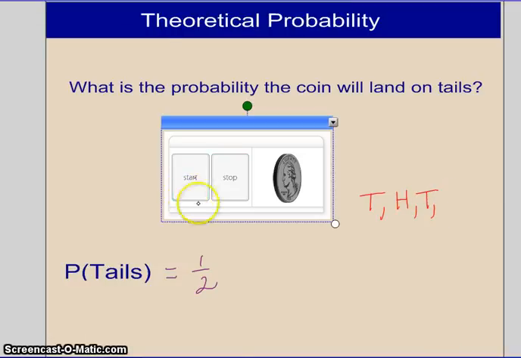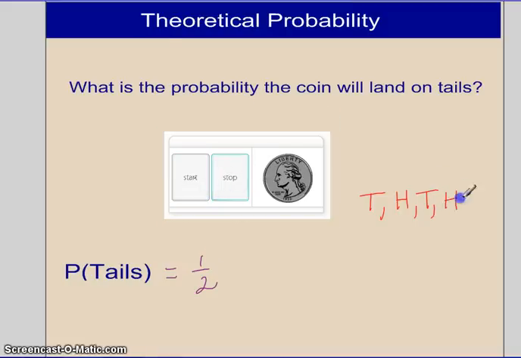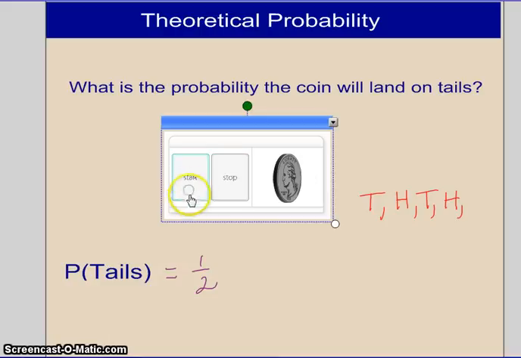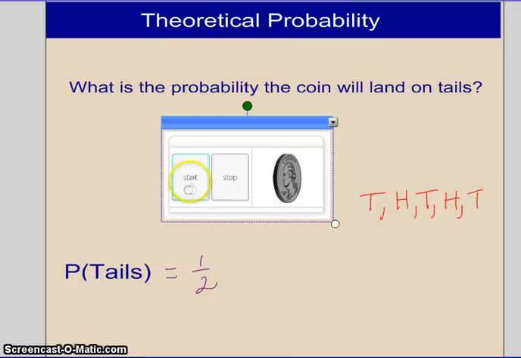On our fourth coin toss, we're going to get heads. Interesting. It's coming out exactly like we think it would. Fifth, we get tails. And sixth, we get tails again.